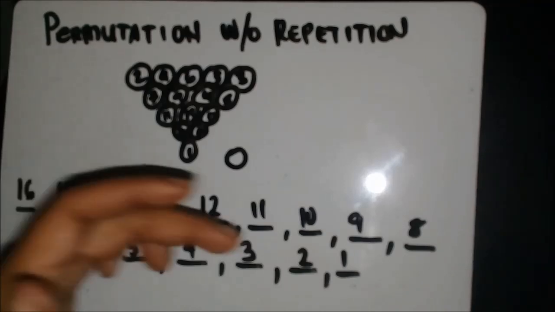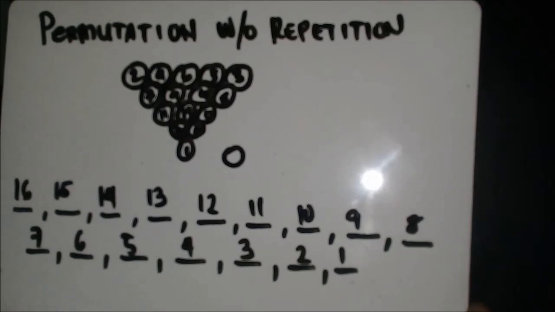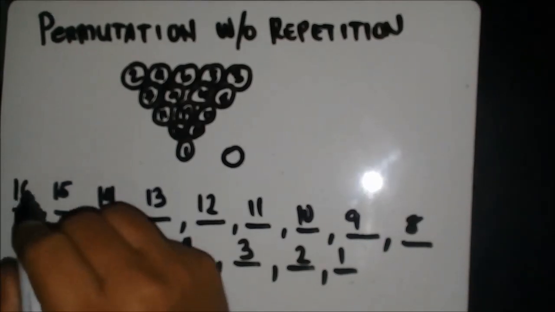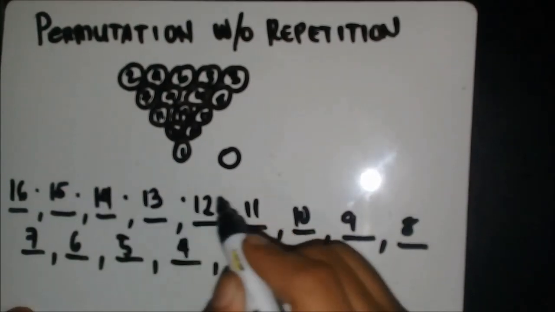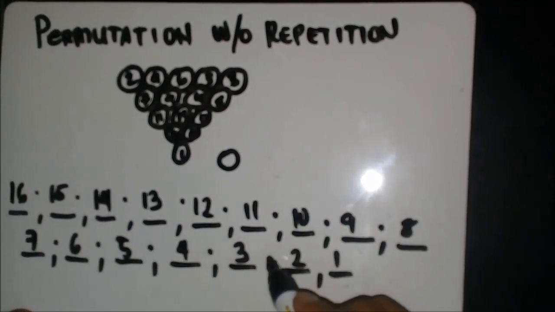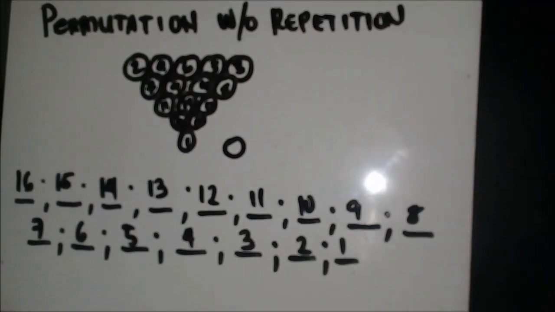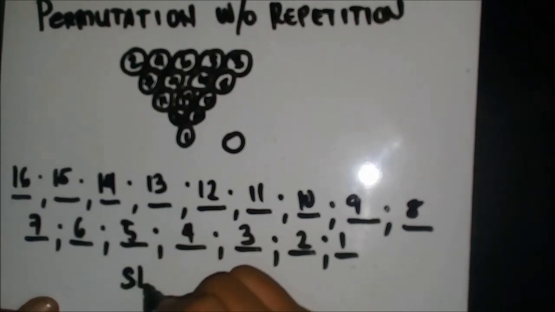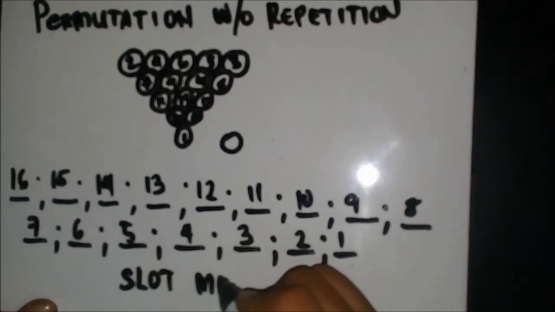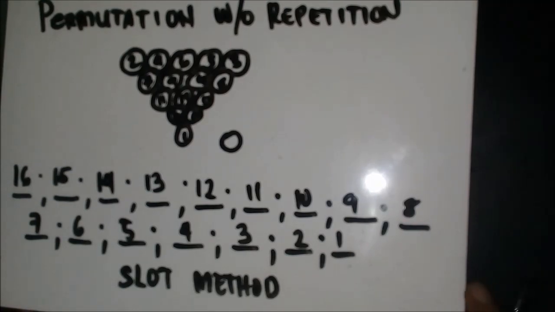So for the 16 balls, all we have to do to get the number of permutations is multiply all these possibilities in the slots. This is applying the slot method. I call it the slot method.